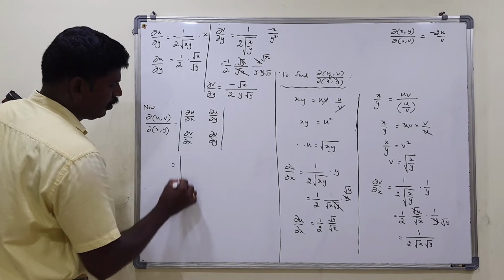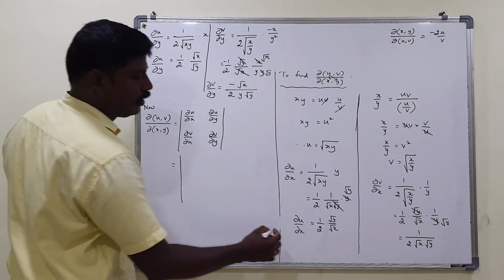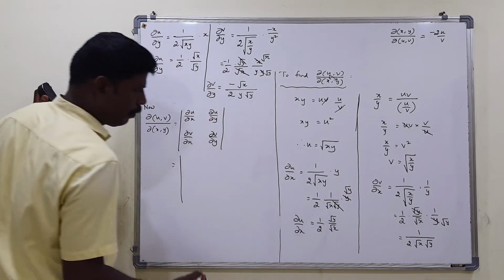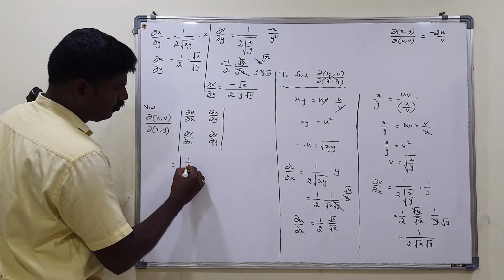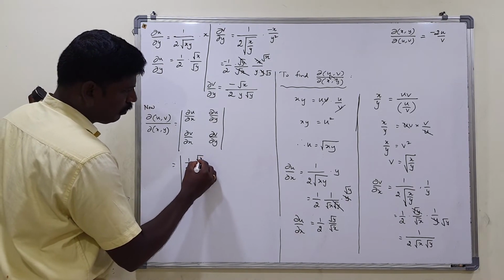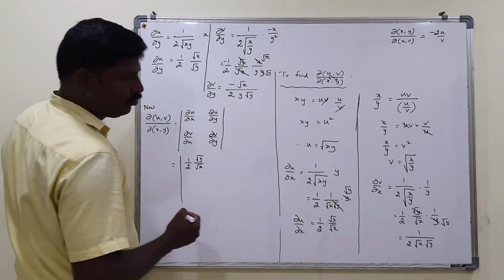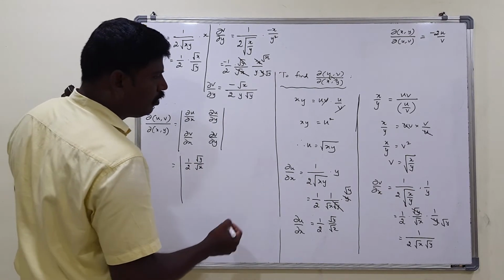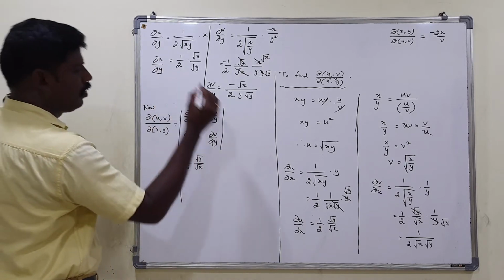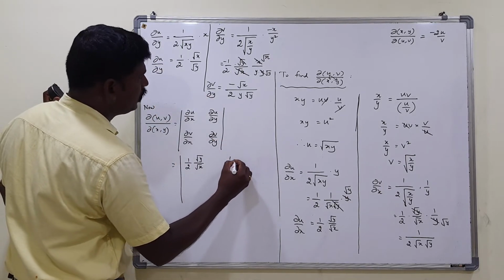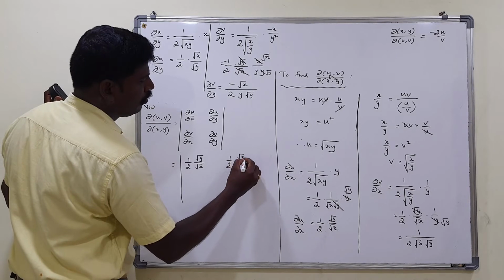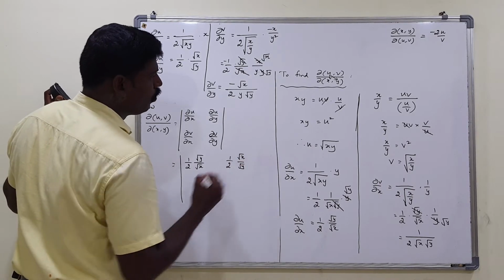Okay. So what is ∂u/∂x? We found it here. So 1 by 2 into root y by root x, isn't it? And then what is ∂u/∂y? It is here. The same, 1 by 2 into root x by root y.